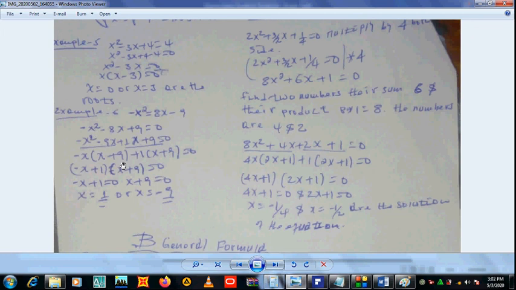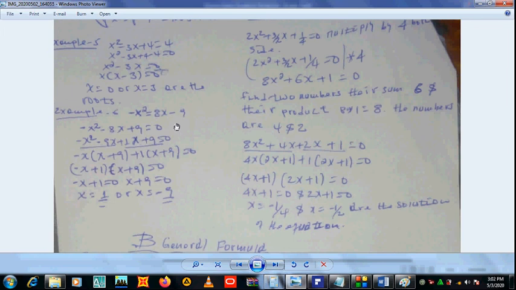Then factorize negative x square minus 8x plus 9. Find two numbers whose sum is negative 8 and whose product is negative 9, that is AC. Negative 9 and 1: when we add negative 9 and 1, that gives negative 8, and when we multiply negative 9 and 1, that gives negative 9.